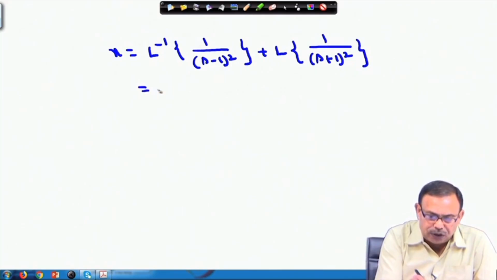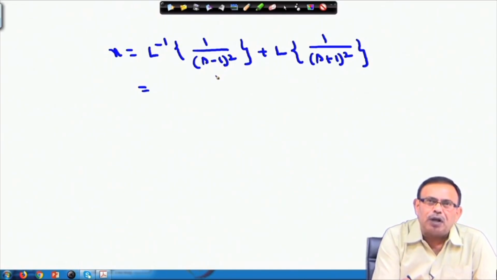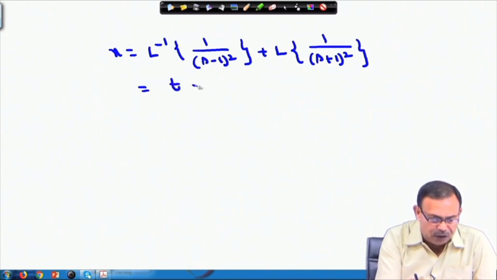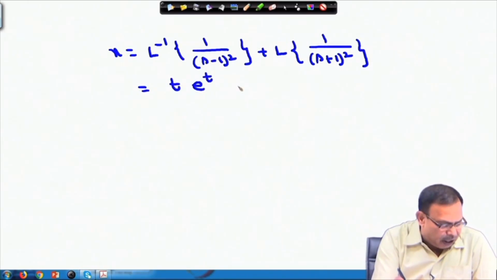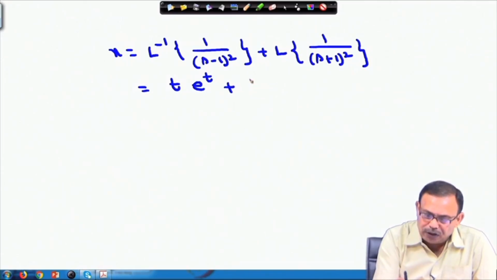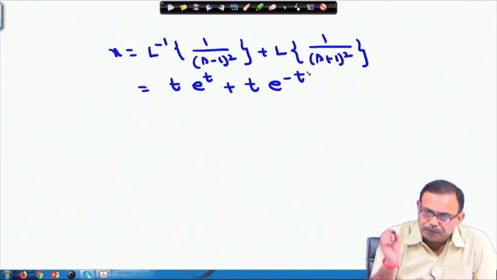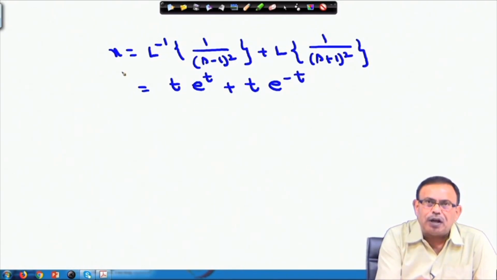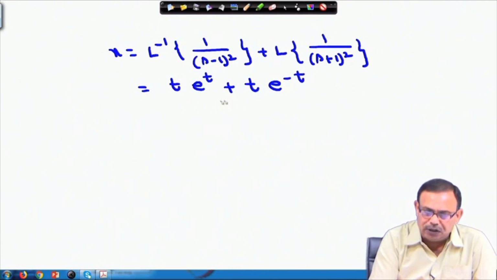I am writing this directly because e power t into 1 by s square will come using that property, since we are almost at the end of the Laplace transform. So this will be t into e power t, plus t into e power minus t. So you see, now I have obtained the value of x as t e power t plus t e power minus t.